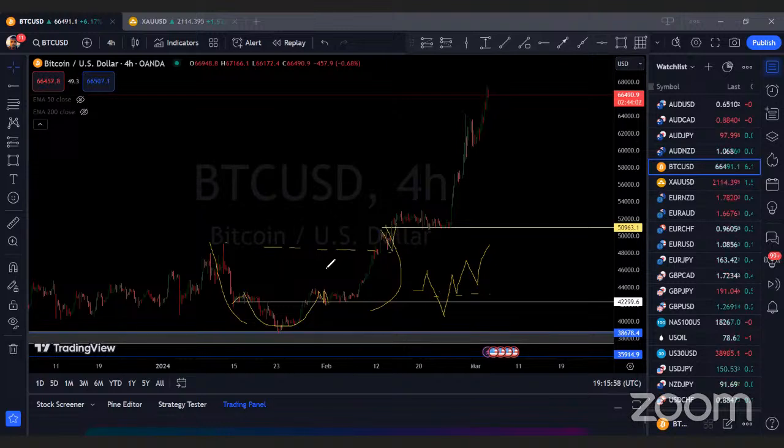A cup and handle forms in some places as a reversal pattern, and in others as a continuation pattern. So where it happened determines the name after all. And when we go to gold, we'll see gold doing a cup and handle in the middle of the journey, and ideally it bought heavily today. So these are things you should understand.